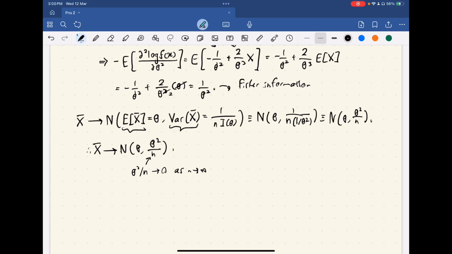So that's just another way of saying that x bar will converge to the true value, because the variance decreases until at one point it becomes 0, meaning it has already converged to the true value that it's trying to estimate. Okay, all right.